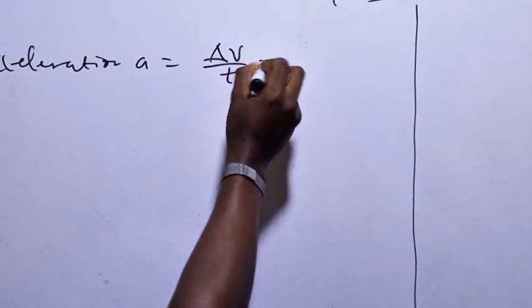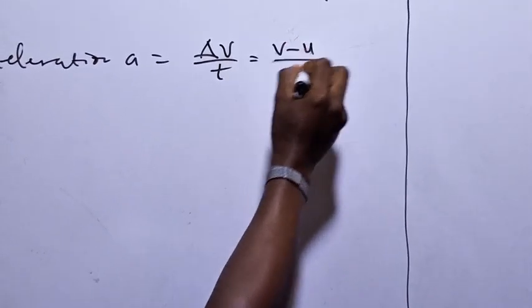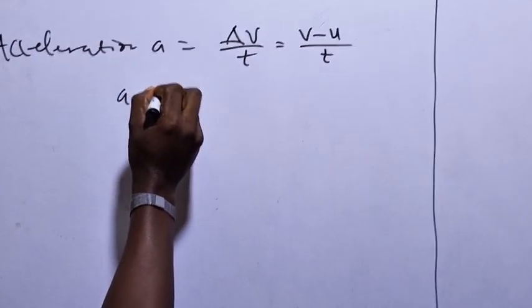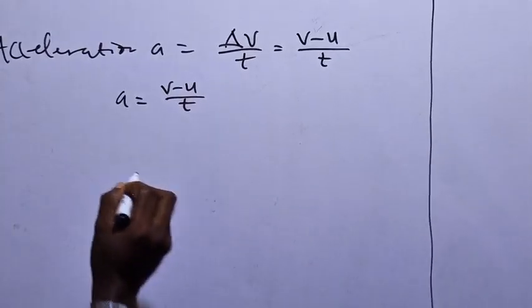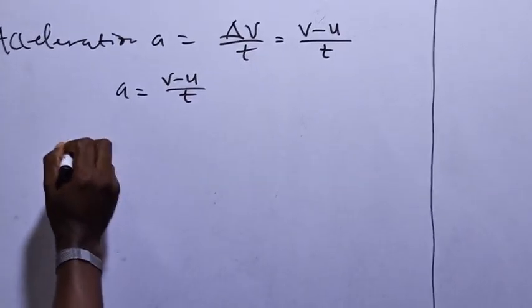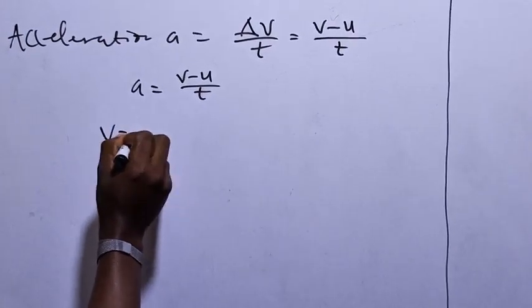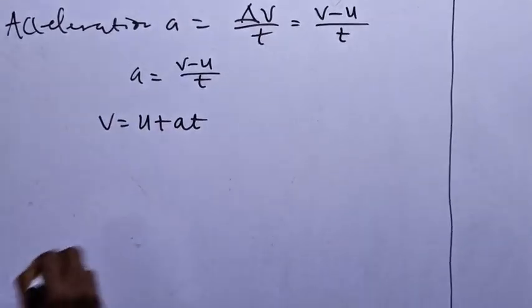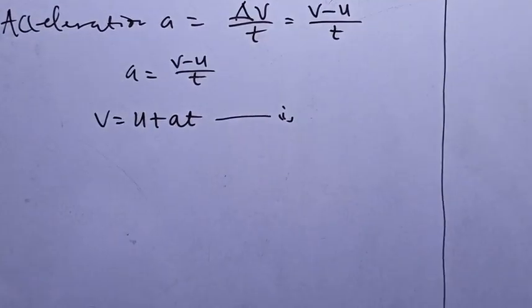And change in velocity, we have the final velocity minus initial velocity, v minus u, over time taken t. Now, changing the subject of the formula, we have v equals u plus at. We refer to this as equation 1.